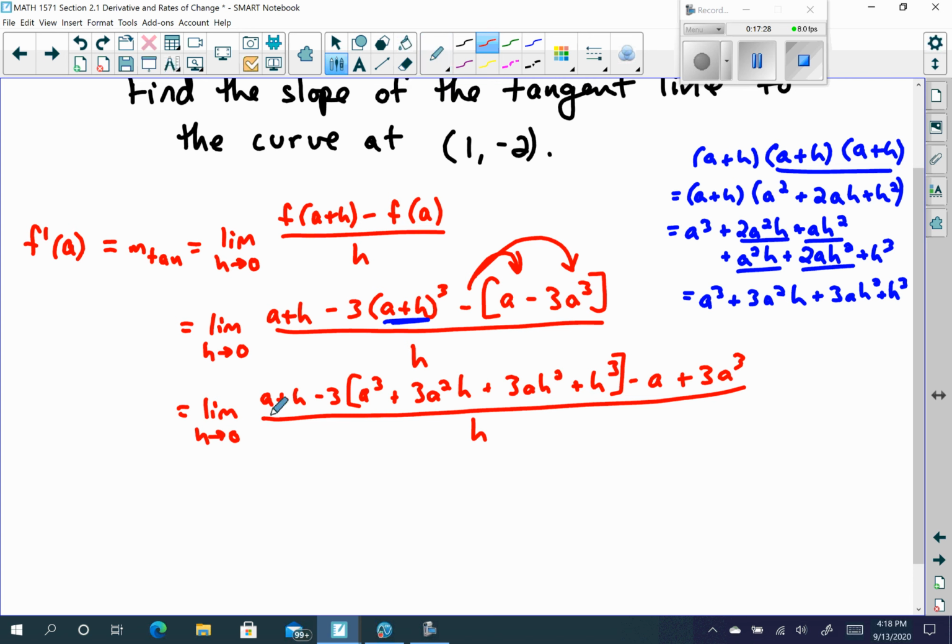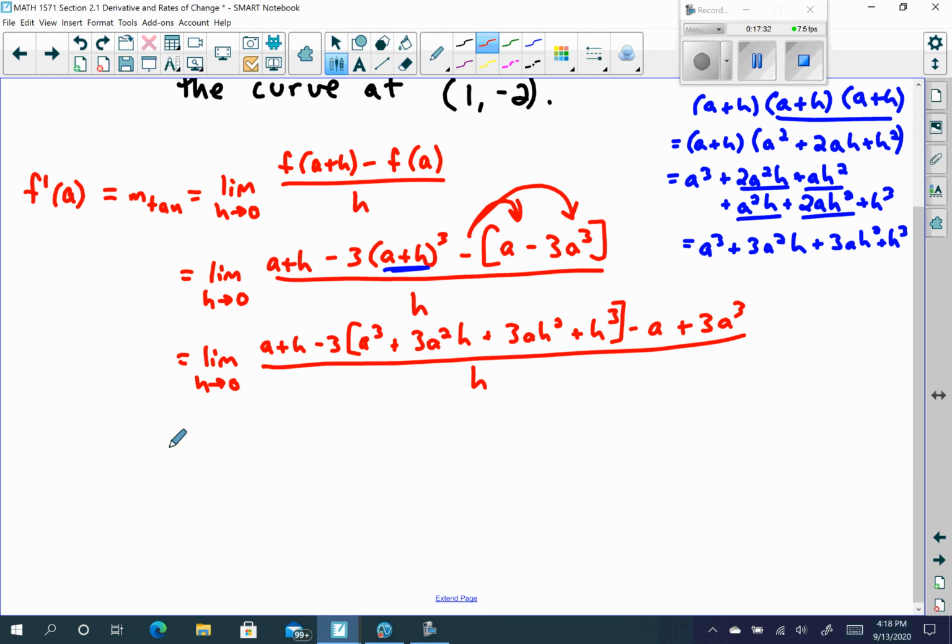But notice this first a here and this minus a here are going to cancel out. But let's go through this and distribute that negative 3. So I get the limit as h approaches 0 of a plus h minus 3a cubed minus 9a squared h minus another 9ah squared minus 3h cubed minus a plus 3a cubed, all over h.